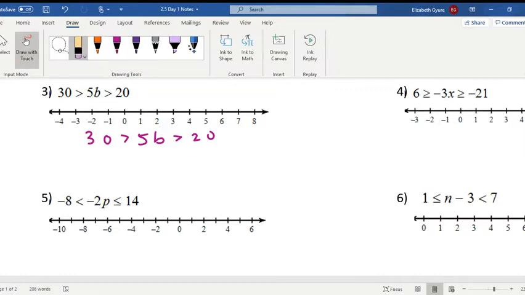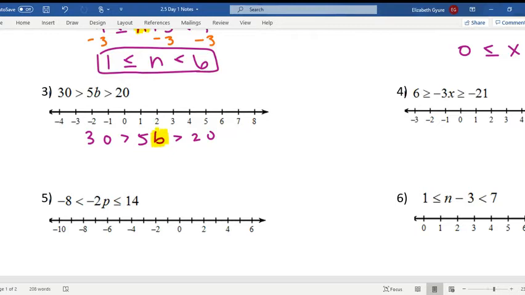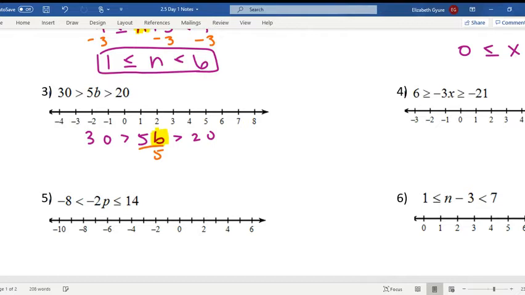So if I want just b in the middle, what number do I need to get rid of? The 5. How would I get rid of that 5? Yep, we're currently multiplying by 5, so to get rid of it, divide by 5. But if I divide by 5 in the middle, where else do I have to divide by 5? Yeah, on all parts, the left and the right.